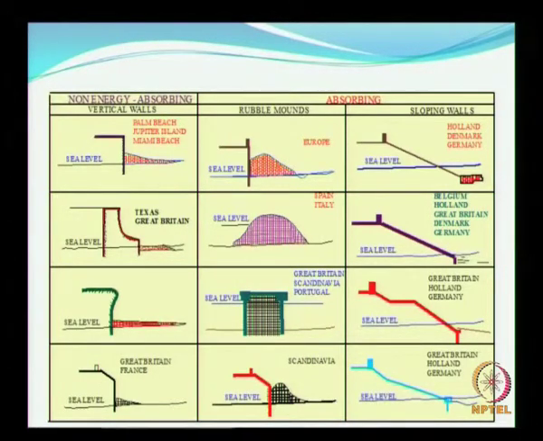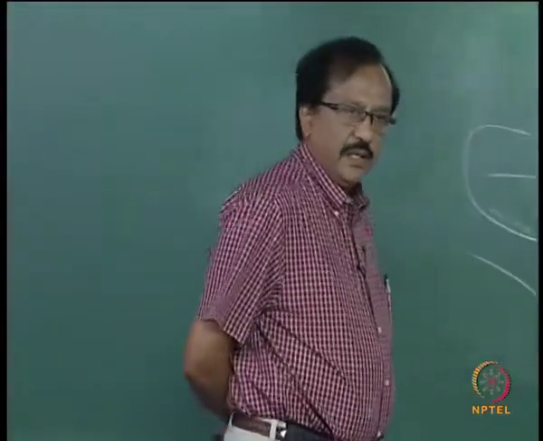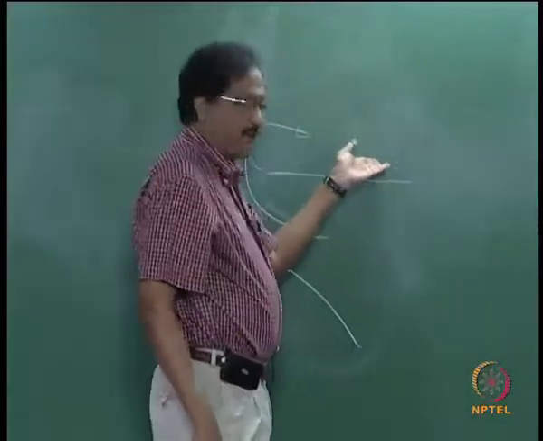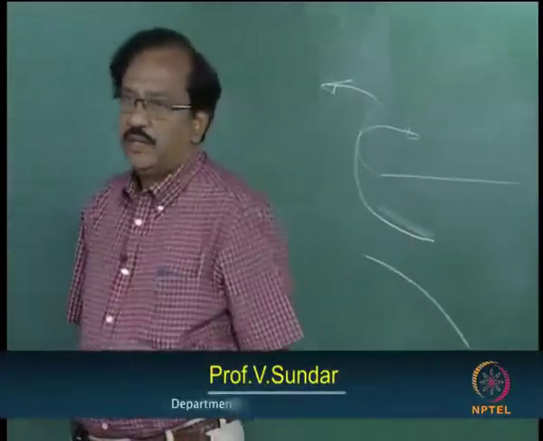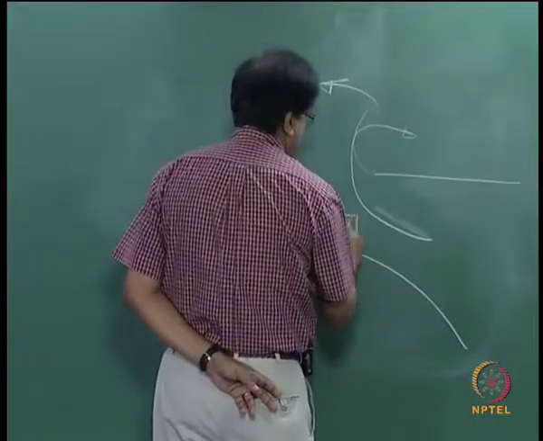This crown wall can be thought of when the top level of the structure is already fixed and you have constructed the structure, but then after construction of the structure, in a particular location you keep on experiencing continuous overtopping from the waves, or the sea level has gone up and you have frequent overtopping of the waves, then you can think of having a crown wall.